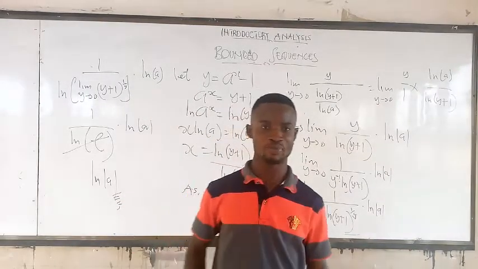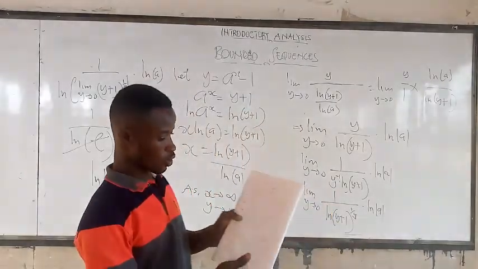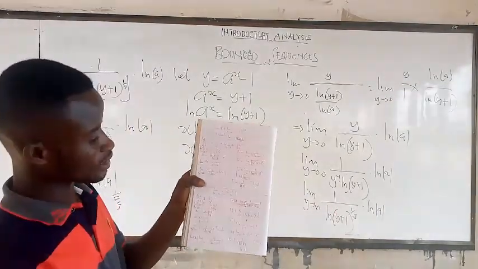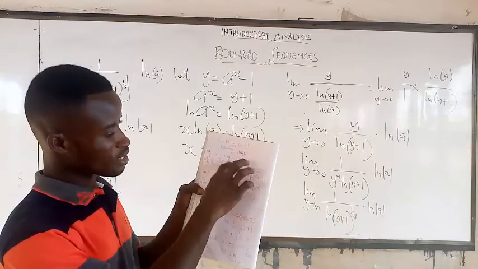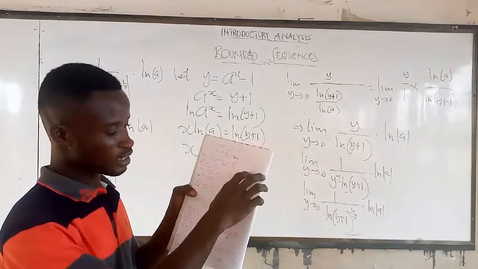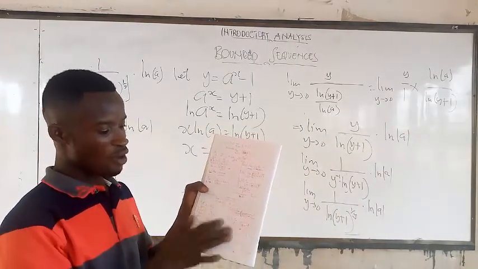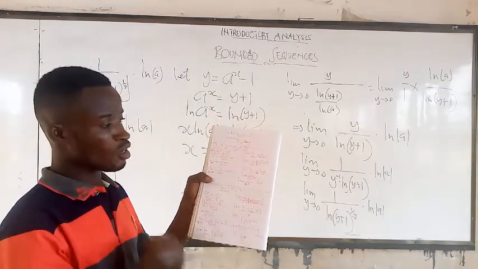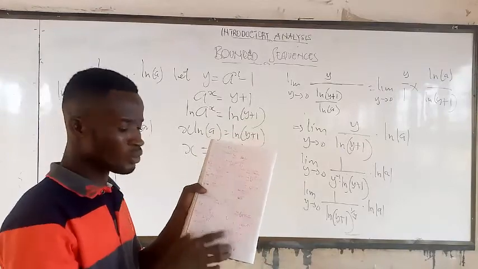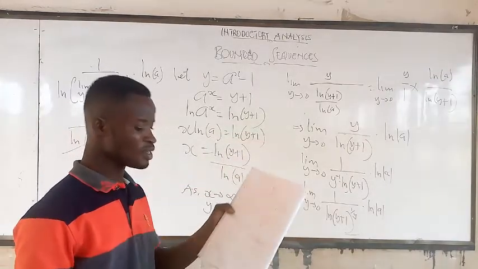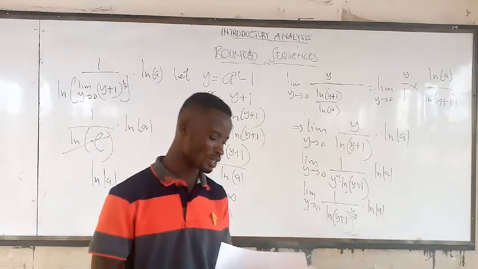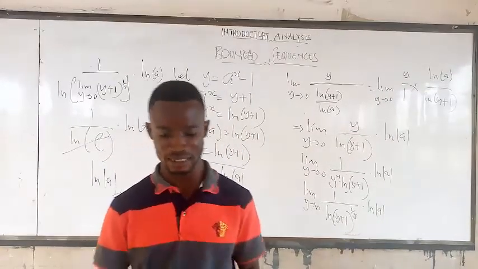You can see from the note that I first tried this, it couldn't work. I tried this, it couldn't work, and finally I arrived at my final answer. So how many attempts? 1, 2, 3. And even after then, I have been practicing it.